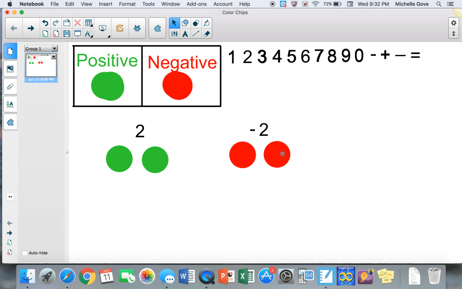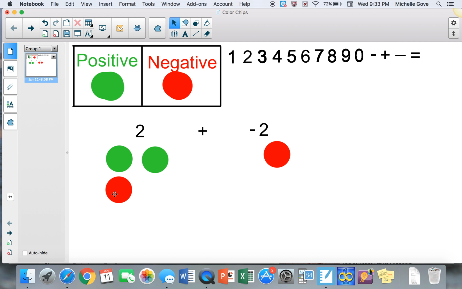So what I'm going to do with the different chips and colors is use them to show how we can create additive inverses, which is when we add the opposite of a number to create 0. So here if we were to add 2 and negative 2, we would have 2 green chips and 2 red chips.